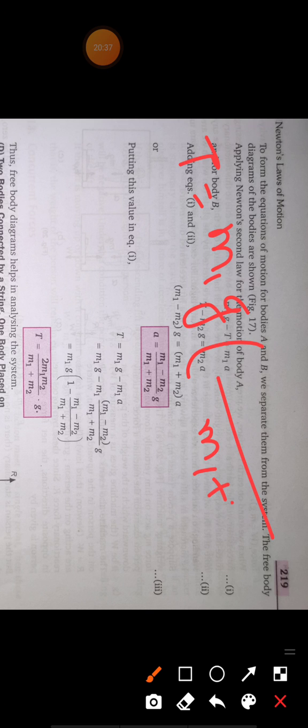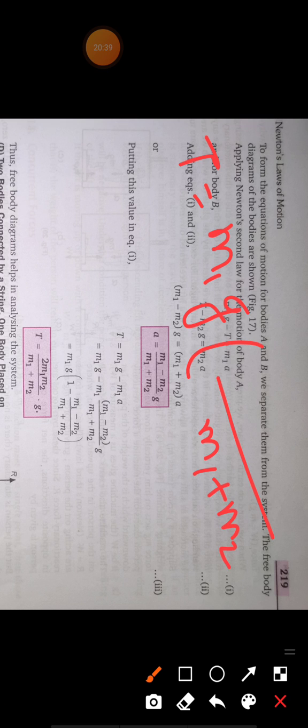So from this equation, T is equal to how much? Now you have to subtract. T is equal to M1G into 1 minus M1 minus M2 over M1 plus M2.